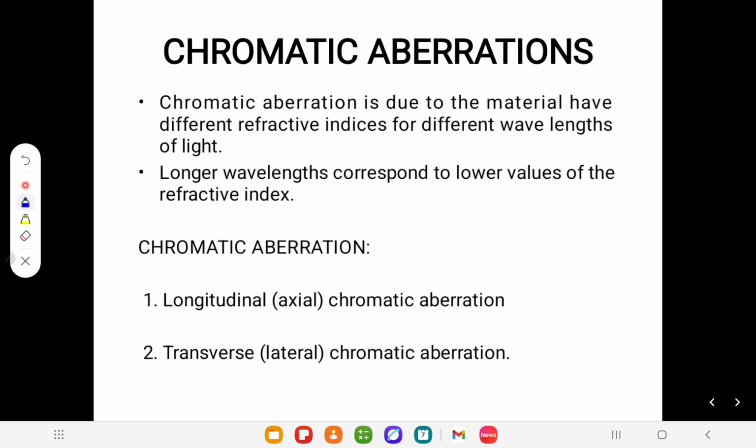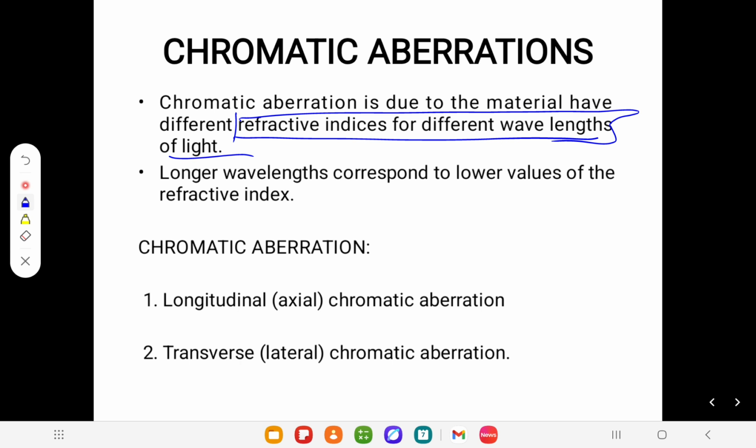Okay, it's clear. So chromatic aberration is due to the material having different refractive indices for different wavelengths, isn't it? In the case of reflection, the angle of incidence equals the angle of reflection, so no refraction, no dispersion. But here there is dispersion because of different refractive indices for different wavelengths of light, for different colors.